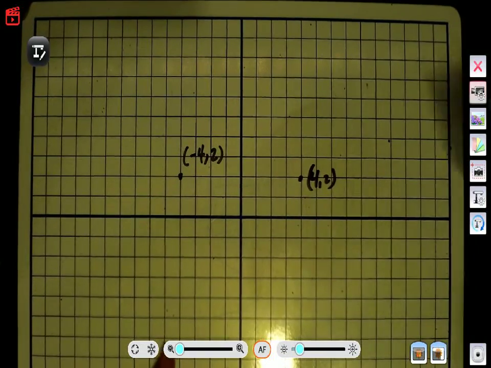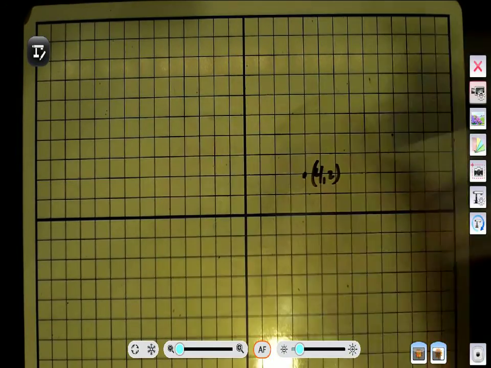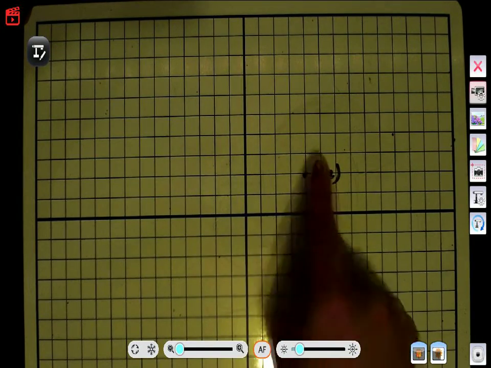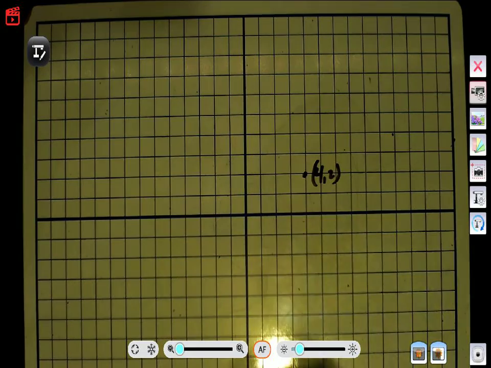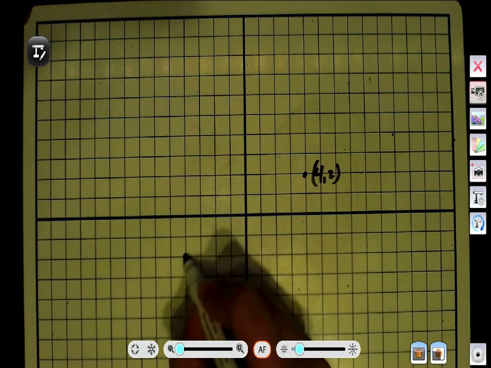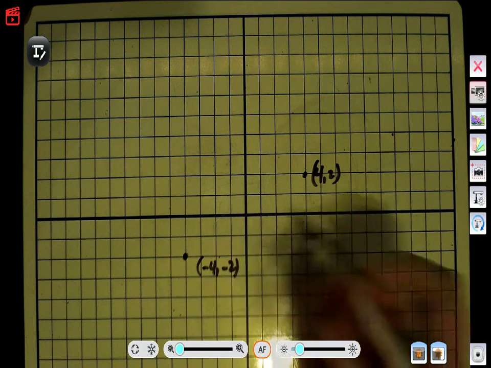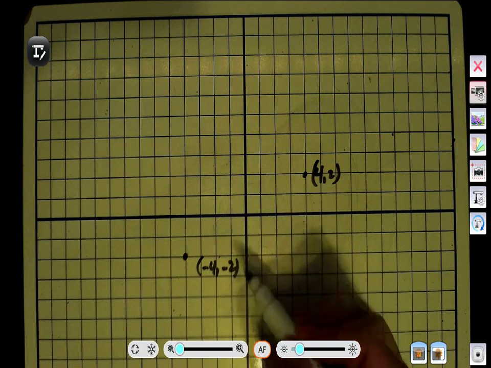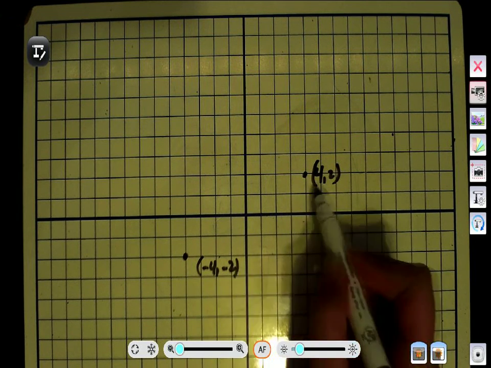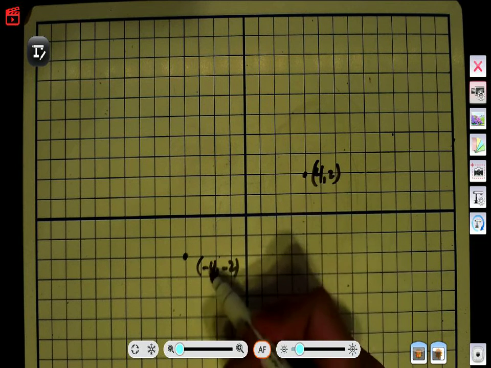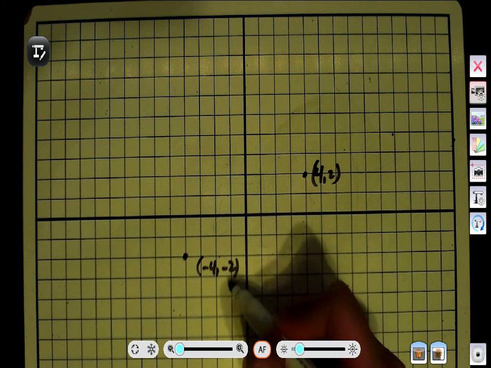Okay. Rotation about the origin. I'm rotating it from the center 180 degrees, so it's going to end up down here. So this is going to become a negative 4 comma negative 2, and you can see that both the signs are going to be switched to their opposite. The 4 becomes its negative version, the 2 becomes its negative version too.